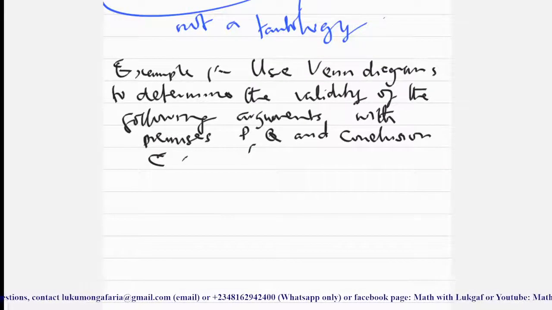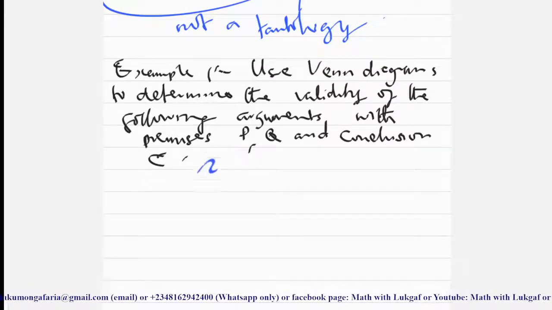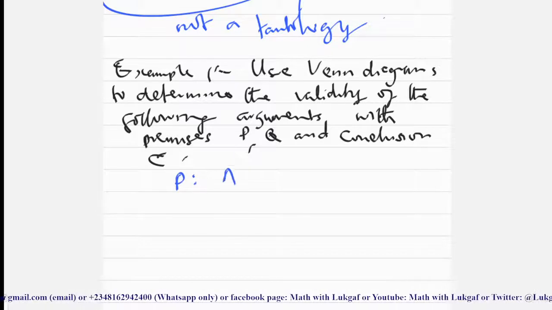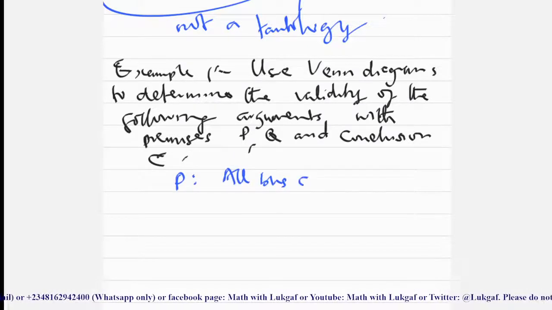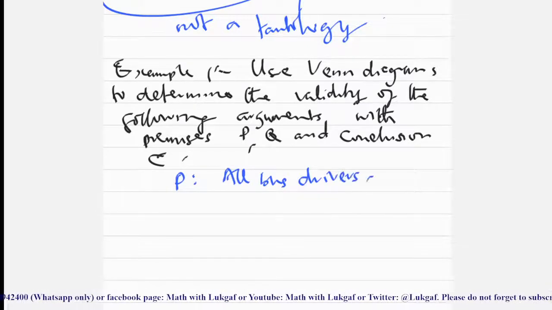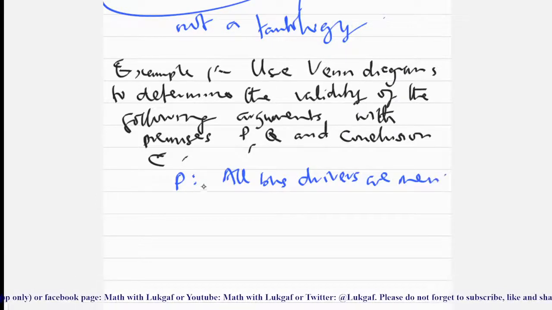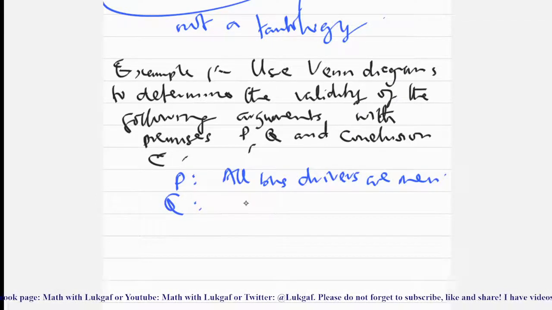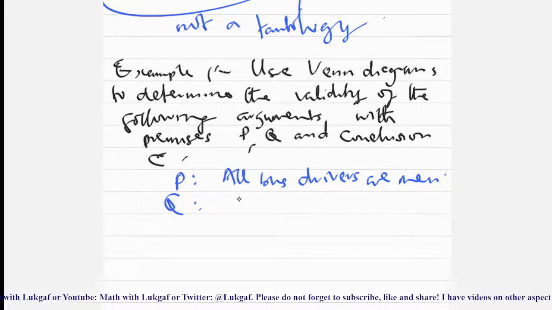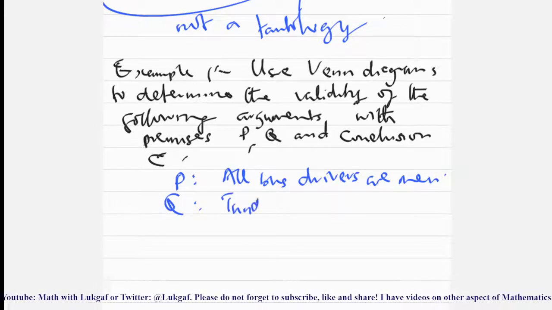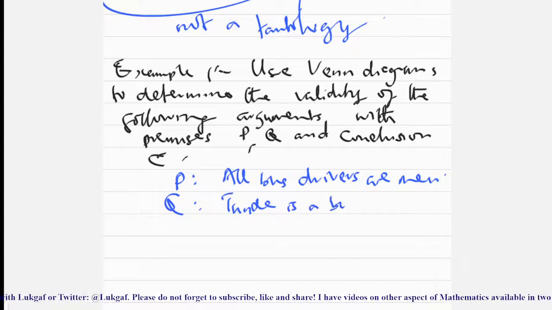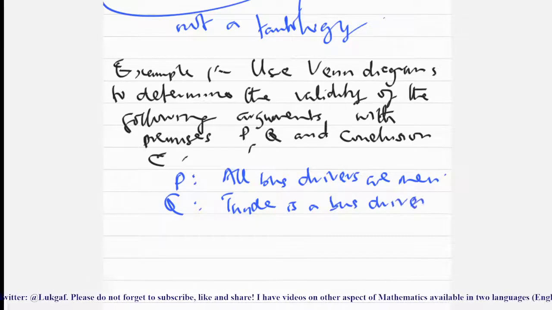Now the first one here, I have P: All bus drivers are men. That's my first proposition. My Q is: Tunde is a bus driver. We have true premises, true propositions.